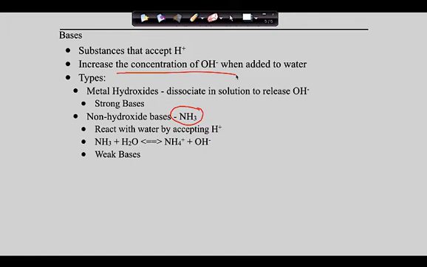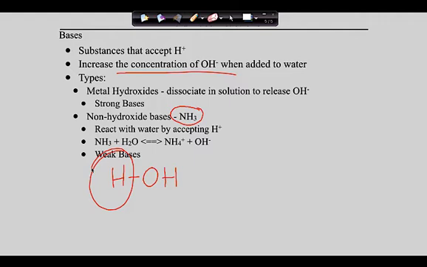The answer is by attacking water. What you need to remember is that water is H2O, or you can think of water as HOH. And if we can get a substance to come along and steal the H from water, what's left over? OH.